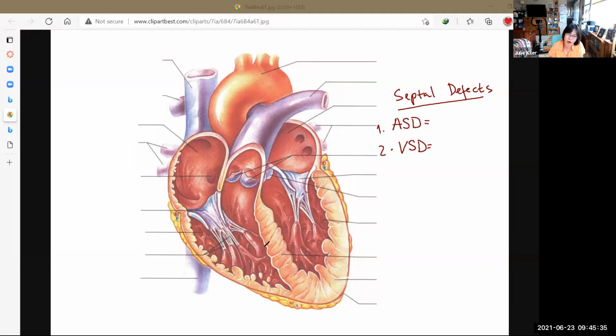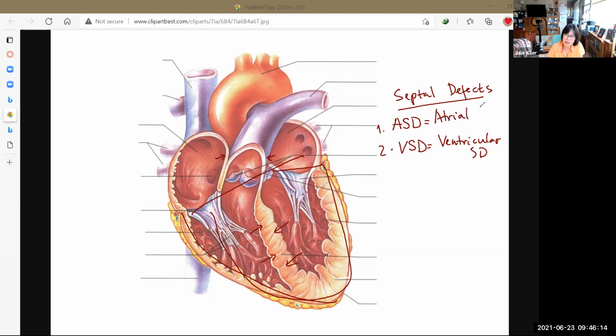When the hole is located in the ventricle area, anywhere in here, and they make a hole, that's ventricular septal defect. What if it is located kind of behind the pulmonary artery over there, between the atria? What do we call that?